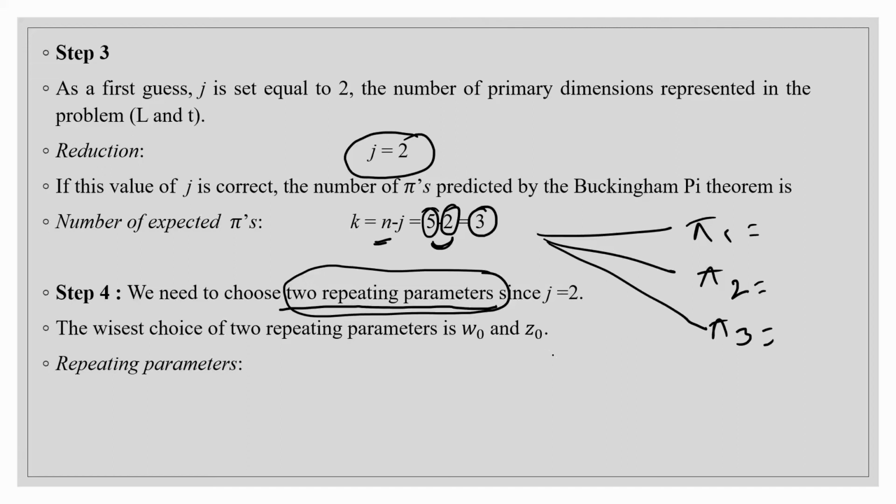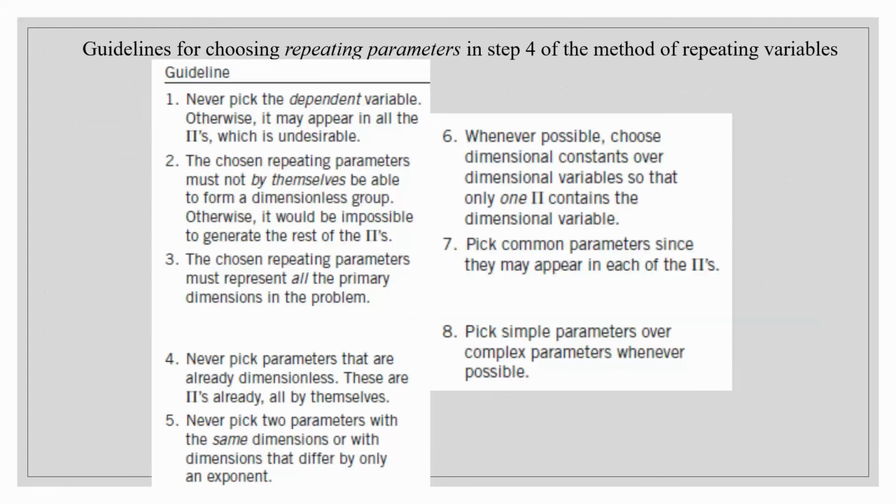There are a few tips you can follow for choosing the repeating variables. First, never pick the dependent variable. In this case, z depends on w naught, z naught, t and g, so you will not pick z as a repeating parameter.